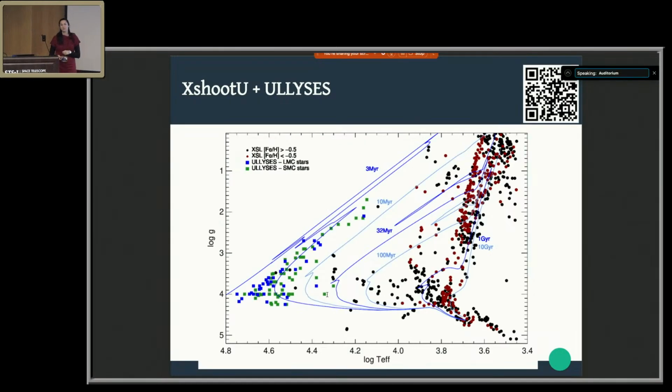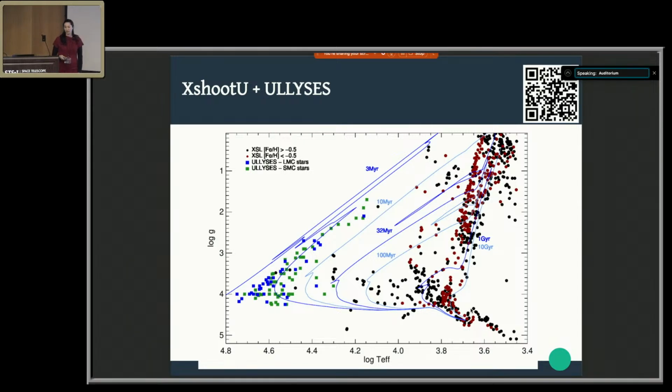And this is what happens when you put these stars in the Kiel plane together with XSL. You can see these are the LMC and SMC stars, and I know there are still holes, of course, but you can see that the improvement in coverage now is there. They are really complementary, right?